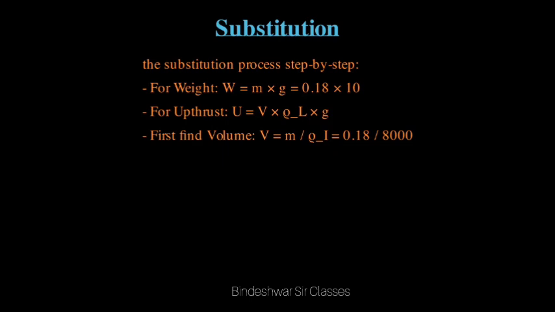Since the object is totally immersed, the volume of displaced liquid is equal to the volume of the iron object itself. We don't have the volume directly, but we can calculate it using the formula, volume equals mass divided by density. So the volume of the iron, V, equals 0.18 kilograms divided by 8,000 kilograms per cubic meter.